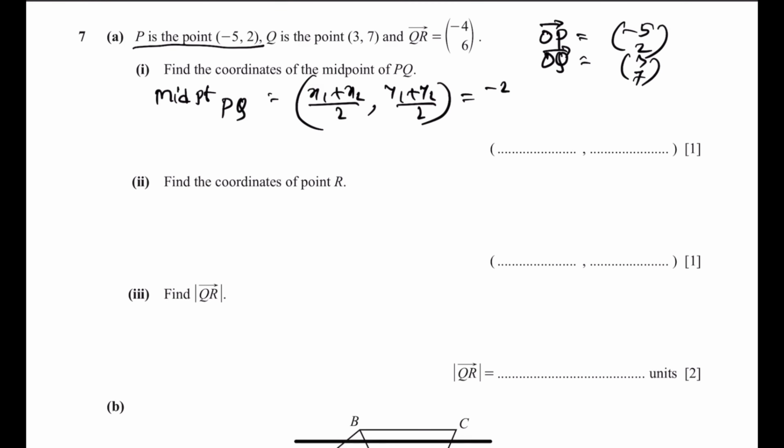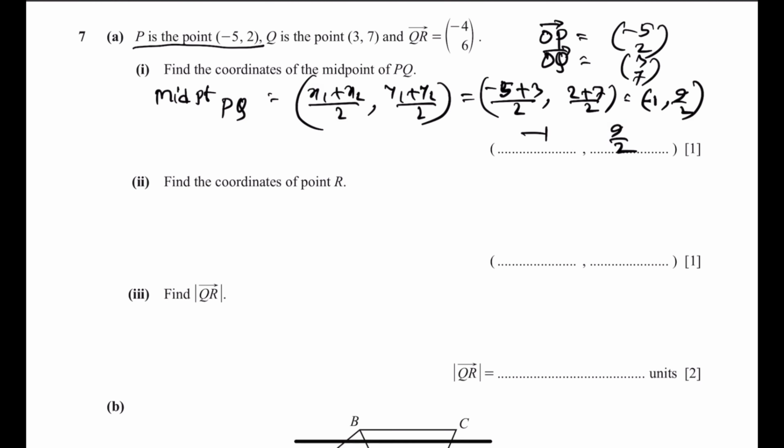So minus 5 plus 3 divided by 2, then 2 plus 7 divided by 2. So it is becoming minus 5 plus 3, that is minus 2, divided by 2 is minus 1, and then 9 by 2. So we can write minus 1 and then 4.5 or 9 by 2.